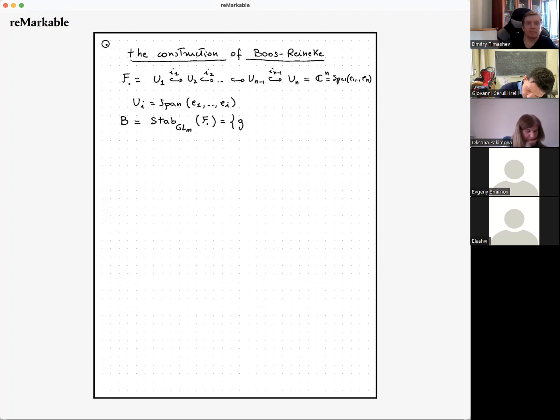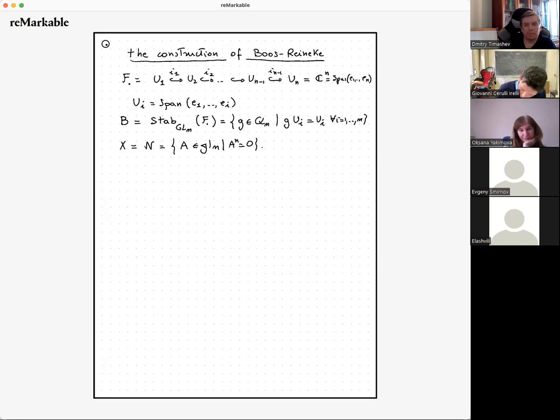So these are just the set of g in GLN such that g of Ui equals Ui. So it's the standard Borel subgroup of GLN. Then let X be N, so just the nilpotent variety.